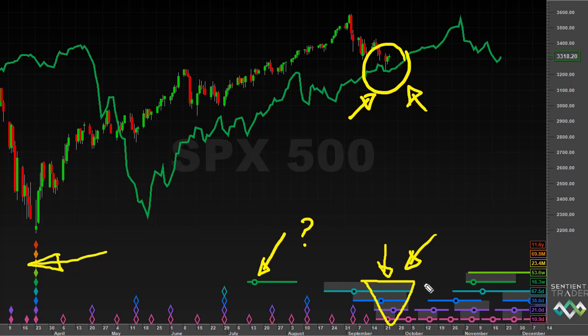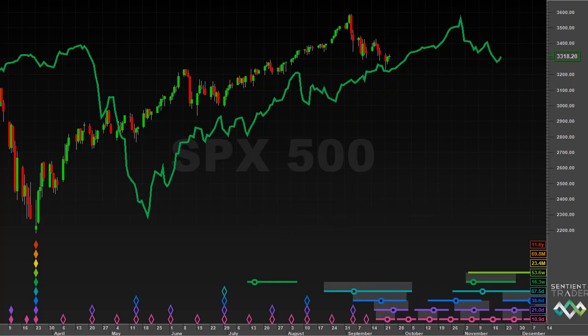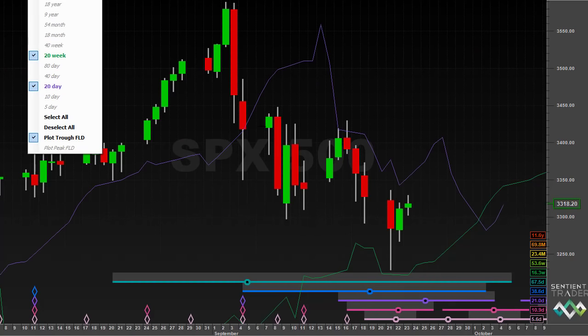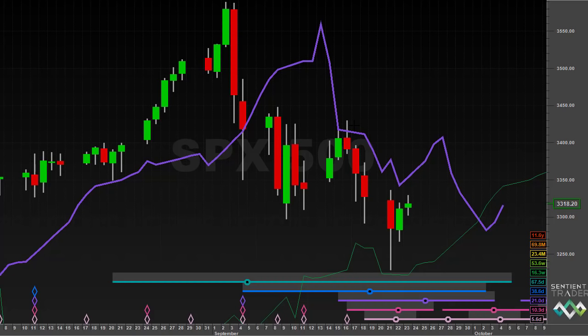Another Sentry Trader user responded that if price crosses below the 20-week FLD, that would be bearish, and that is absolutely correct. The important thing, and let's zoom in on this chart now, is to see how price reacts to the FLD. And I know some people look at me strangely when I speak about price reacting to an FLD, but the important thing is not the moment that price touches the FLD, which is why we send out those tweets.